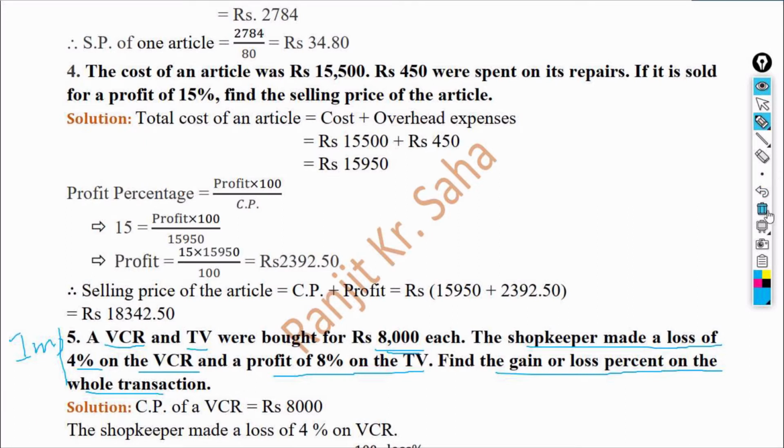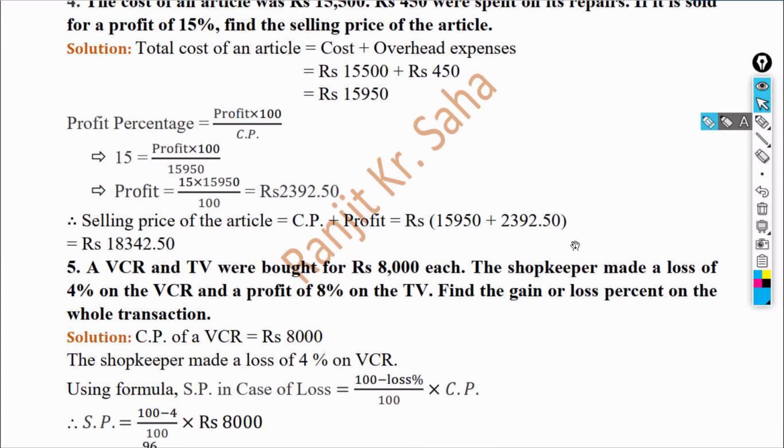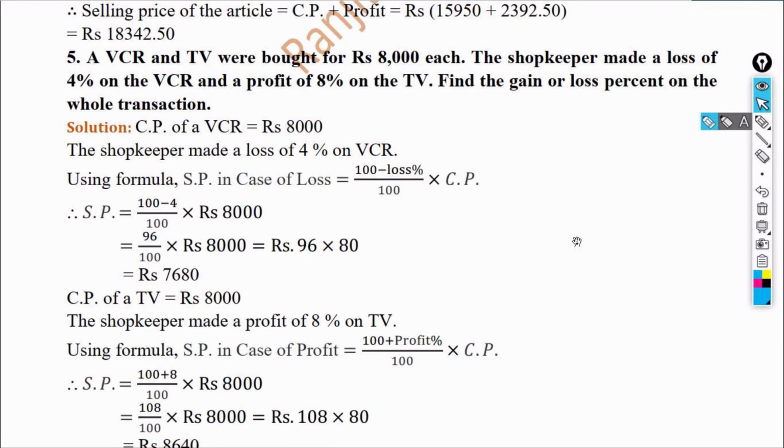Now let us start as per the question. CP of a VCR equals rupees 8,000, and you know the formula: SP in case of loss is (100 minus loss percent) divided by 100 into CP. Use this formula.